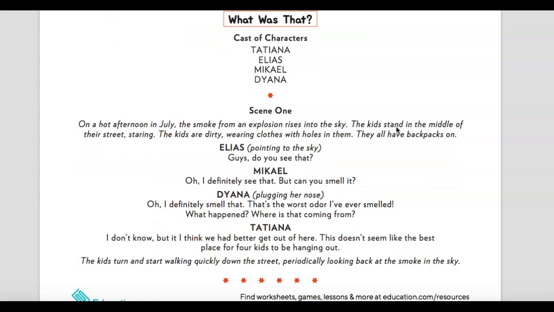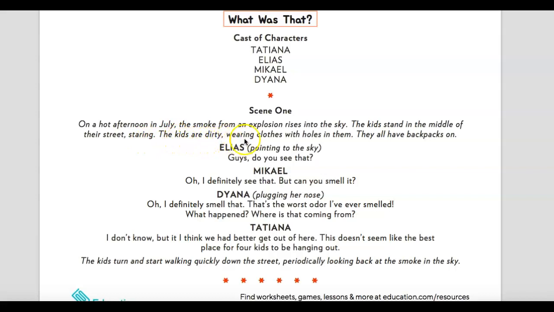So you want to try and picture in your mind that it's a hot afternoon in July and there's smoke from an explosion that's in the sky. And the kids, I'm assuming they mean these cast of character kids, stand in the middle of their street staring up at the smoke.